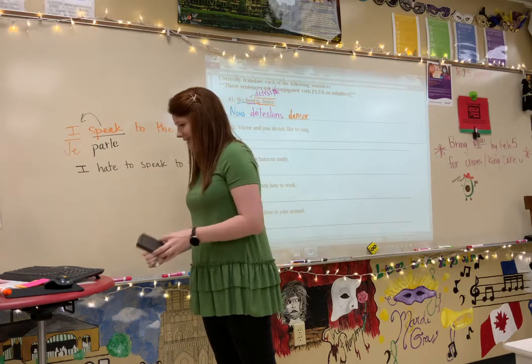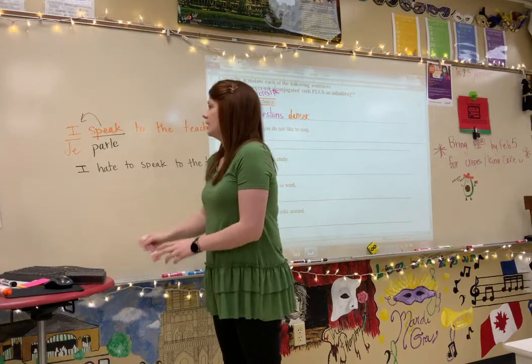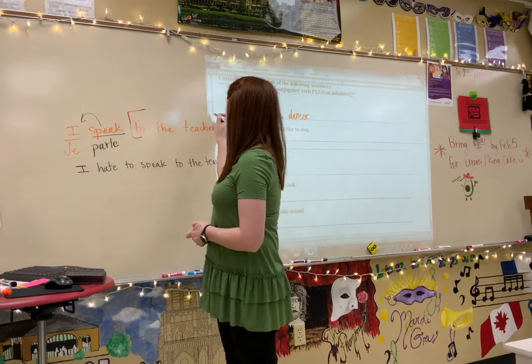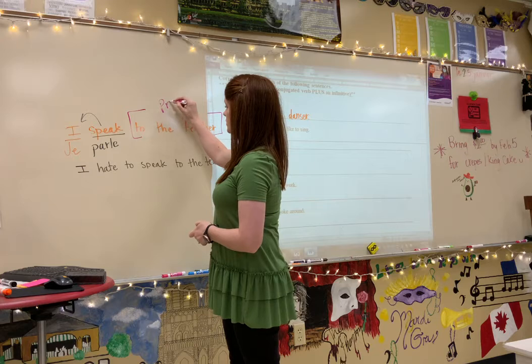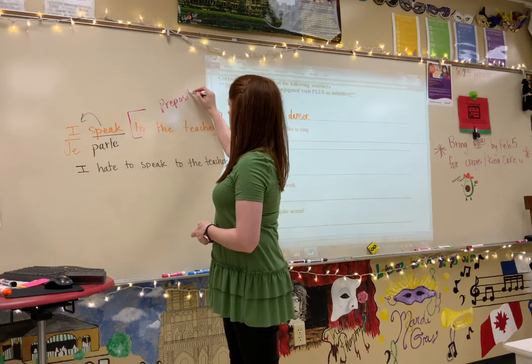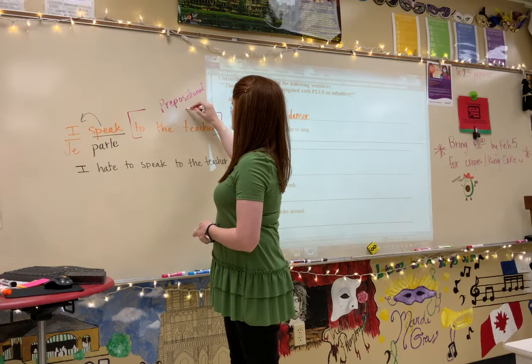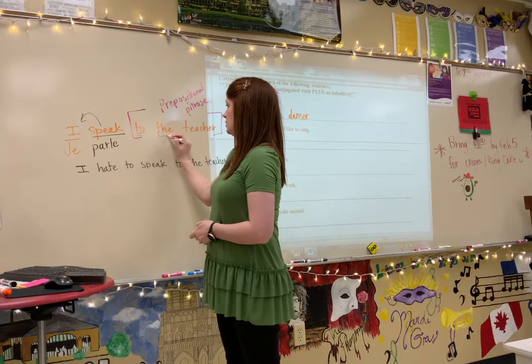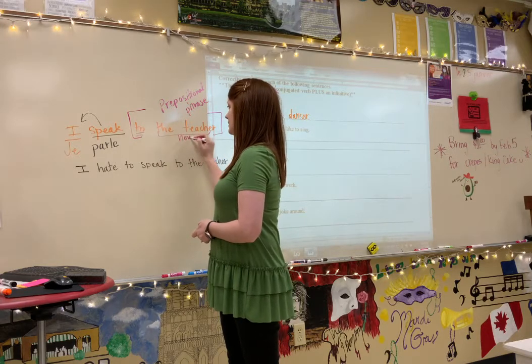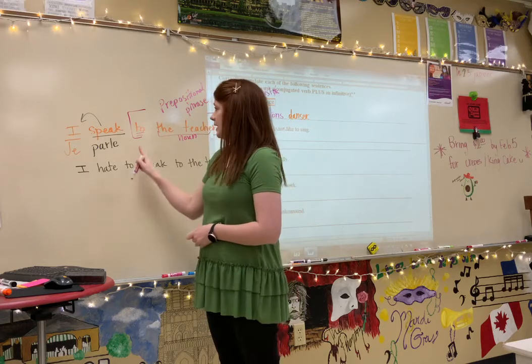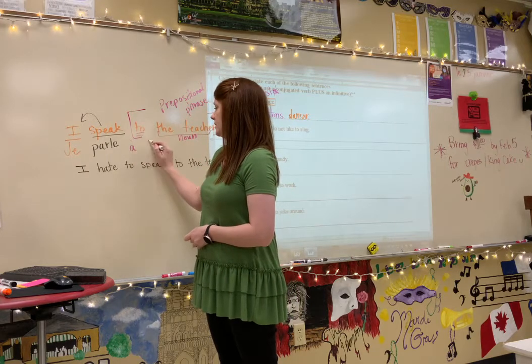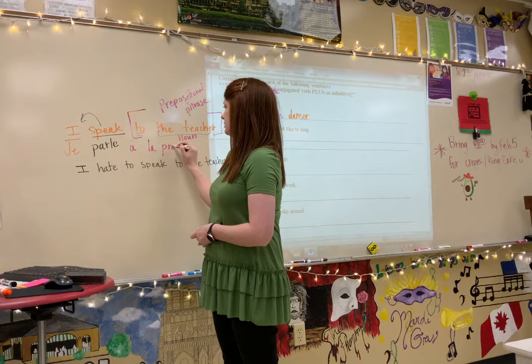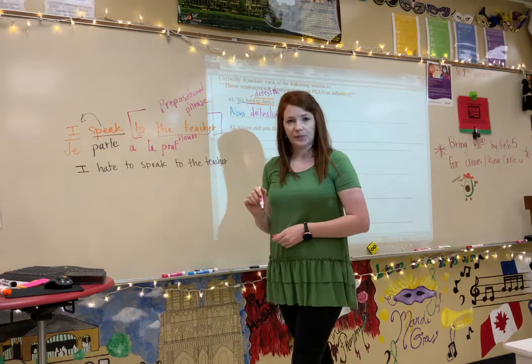Then, if you know your English grammar, this is a prepositional phrase, and we know that because you have "to" plus a noun, okay? So "to" is "à," and then you put "la prof" for teacher, okay?